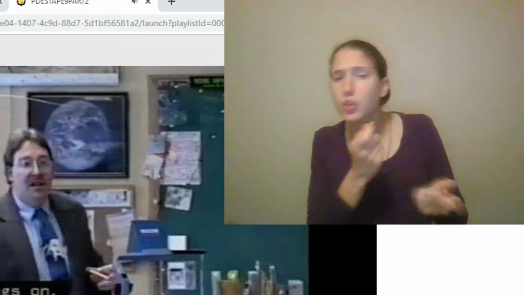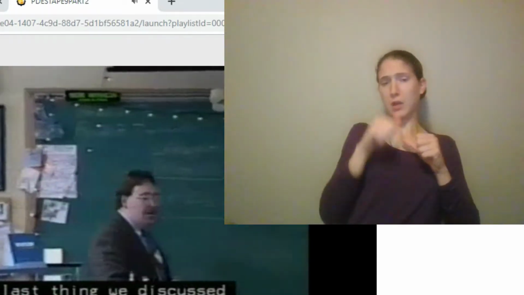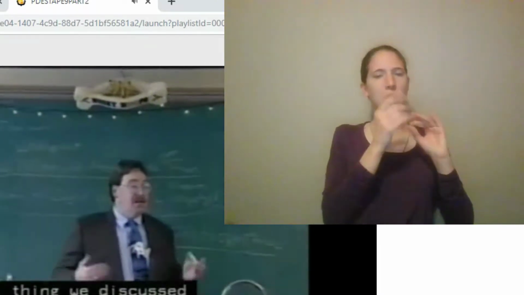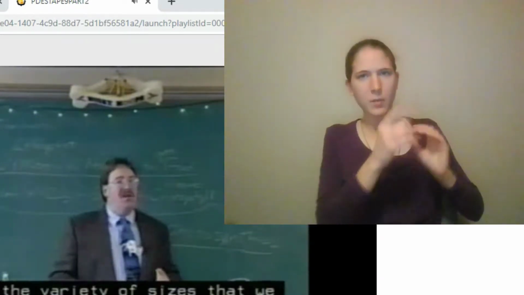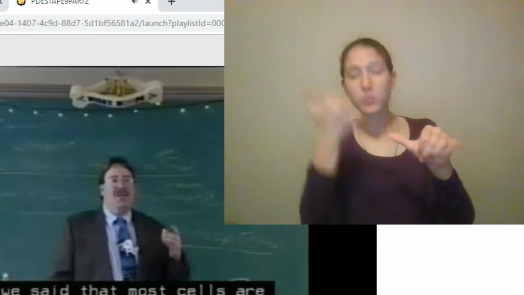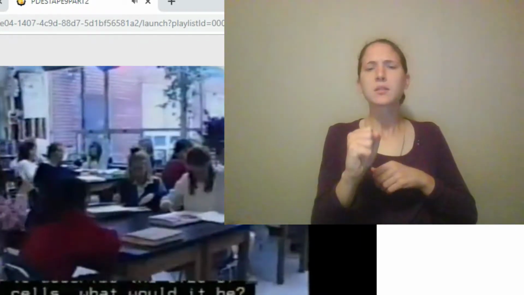All right, the last thing we discussed yesterday, and it took us a long time to get it through, dealt with the size of cells and the variety of sizes that we deal with. We said that most cells are what size? If you needed to come up with a term to describe the size of most cells, what would it be? Carrie? Microscopic.